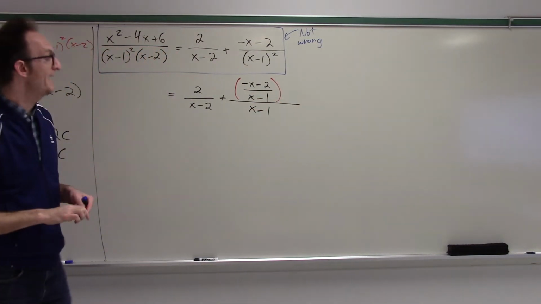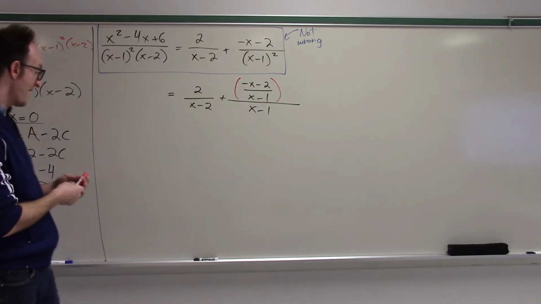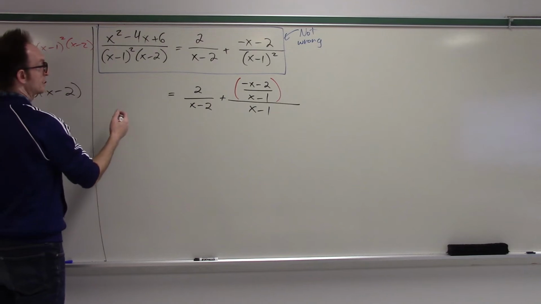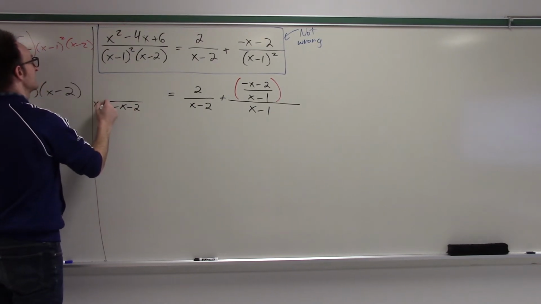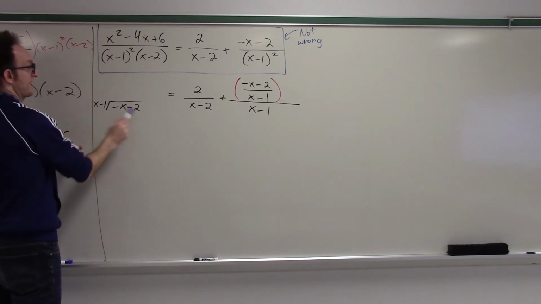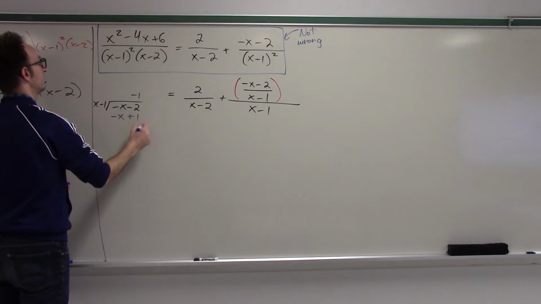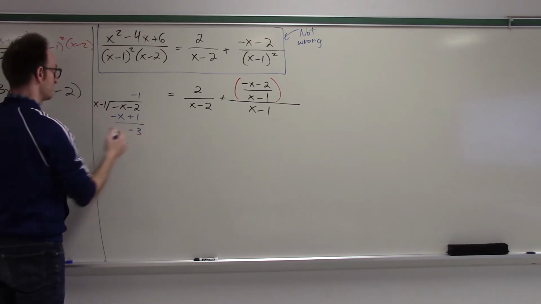Well, I can now take this numerator and realize that degree 1 on the top, degree 1 on the bottom, I can do polynomial long division. So let's do the polynomial long division right now. I have negative x minus 2 divided by x minus 1. And so that's going to go in minus 1 times, and that gives me negative x plus 1. And when I subtract, I get negative 1 minus 1 is negative 3.